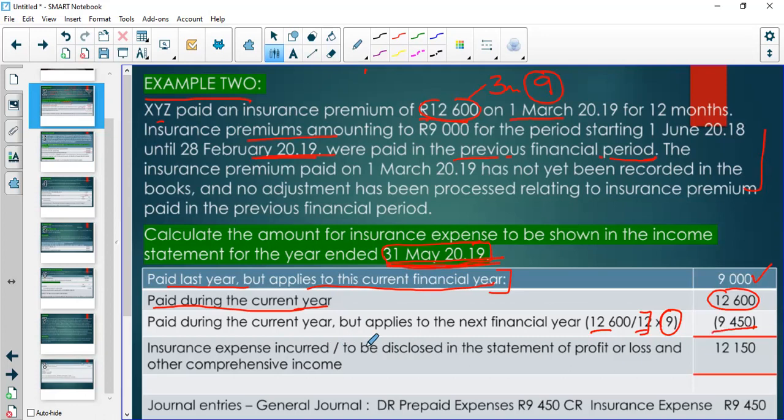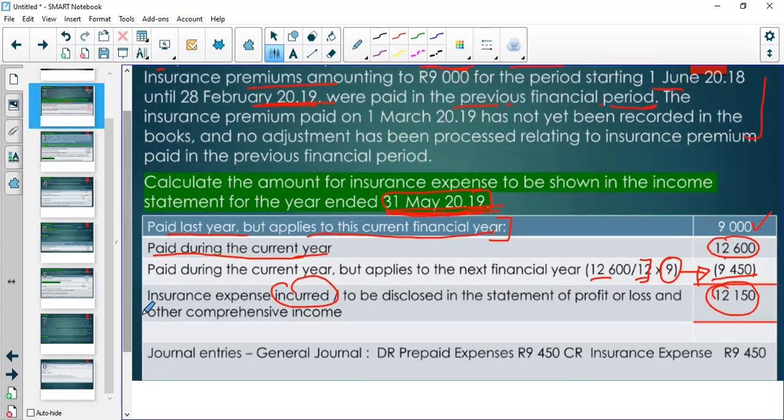So it means that the insurance expense incurred, not necessarily paid, but incurred, which applies to this current year, a charge for the period 1 June 2018 to 31 May 2019, is only 12,150. This excess for 9 months is going to be a prepayment. We paid already for the following year, so it's going to be a prepayment. It's going to be a current asset.